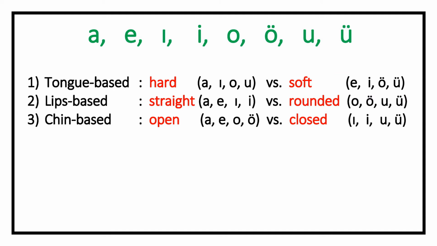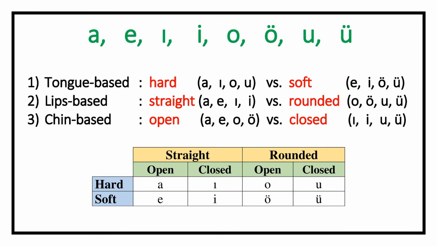Based on the situation of the lips, Turkish vowels are classified into straight vowels, A, E, I, İ, and rounded vowels, O, Ö, U, Ü. Last, based on the situation of the chin, Turkish vowels are classified into open vowels, A, E, O, Ö, and closed vowels, I, İ, U, Ü.